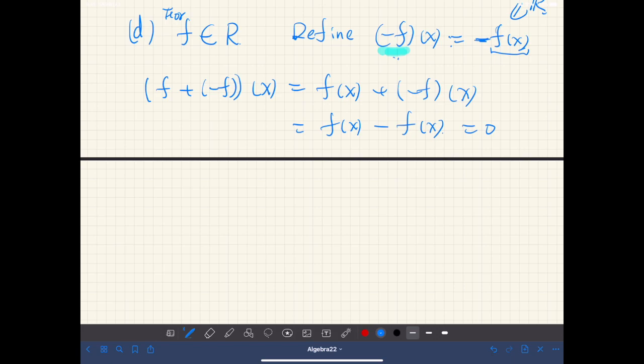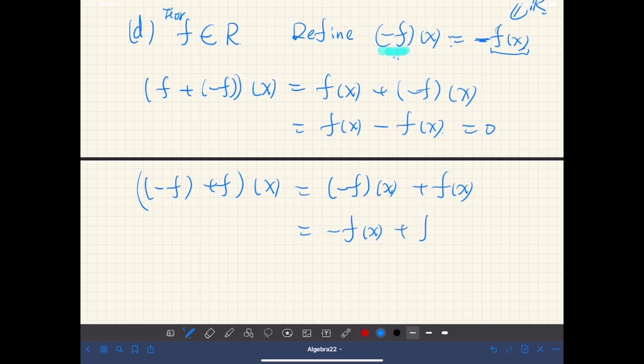And also we can show the opposite also. Negative f plus f of x is zero.